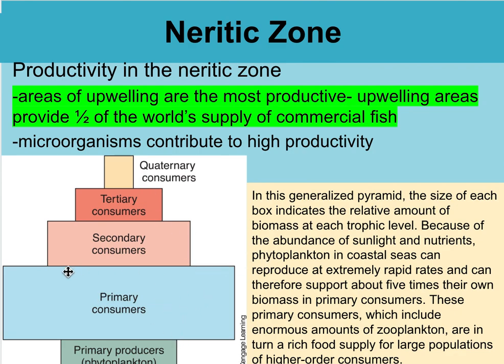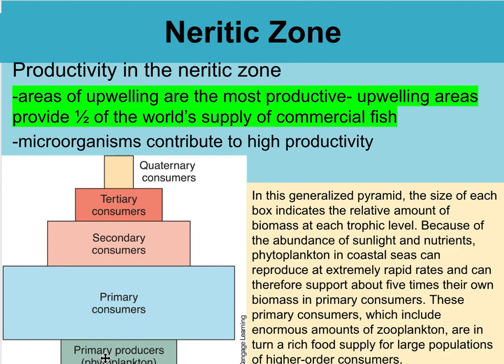So I want to point out on this energy pyramid that primary producers, the phytoplankton, are really small compared to the consumers. And you hardly ever see that. I can't ever remember seeing that in another space.